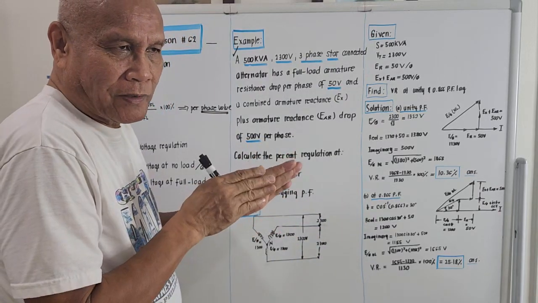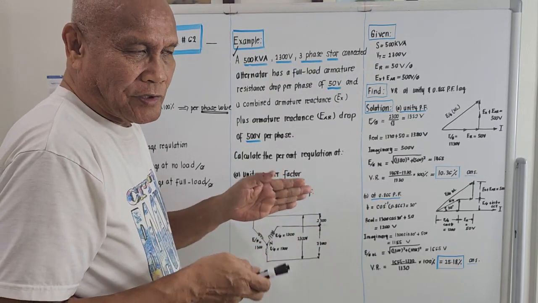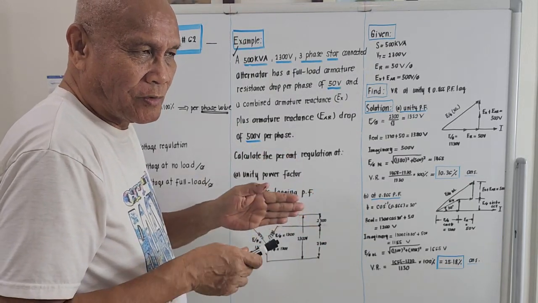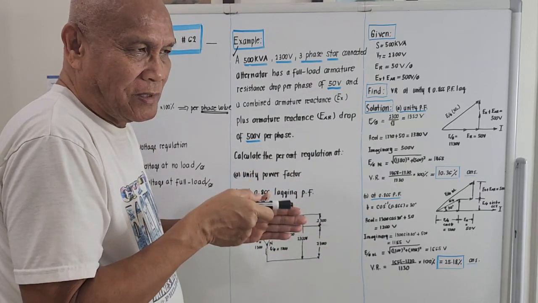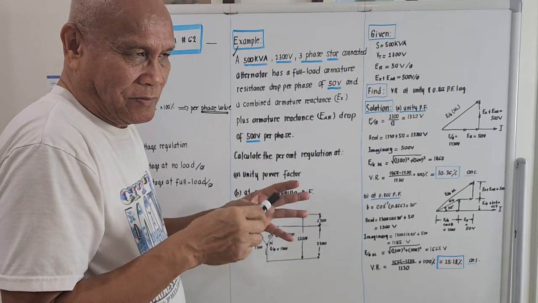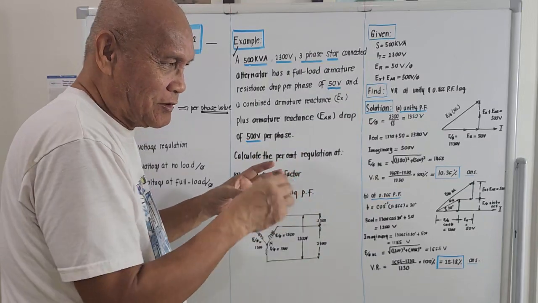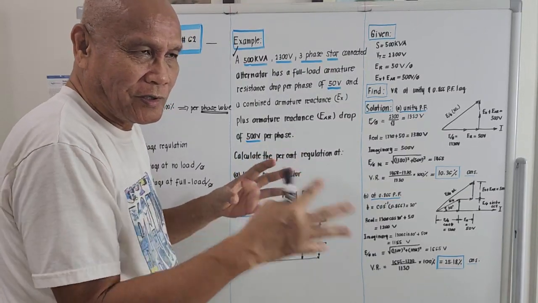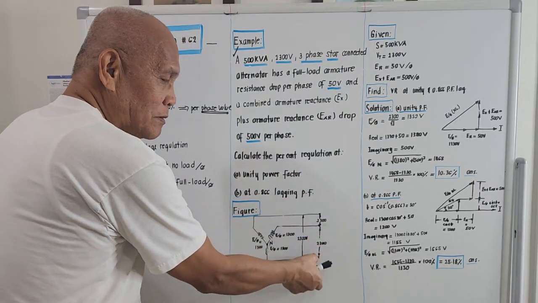There should be magnetic flux in an alternator. Either the flux is stationary and the conductor is moving, or the conductor is stationary and the flux is moving. But the conventional thing is the armature is rotating and the flux is steadily produced by the excitation, so we could produce a terminal voltage at the terminals.